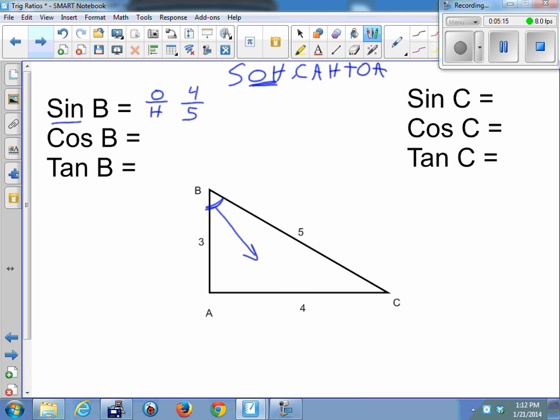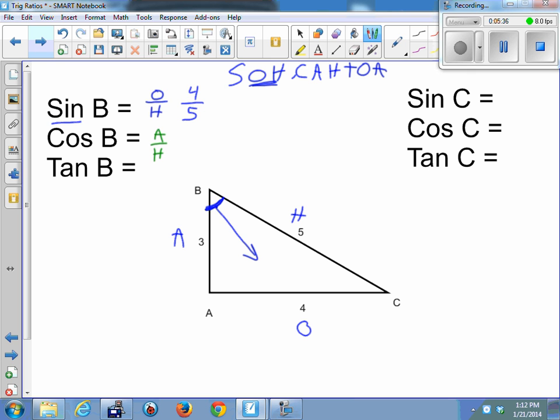Cosine. Again, we're talking about B. It's good to put out here hypotenuse. This is my opposite. And then this is my adjacent here. So cosine is adjacent over hypotenuse.